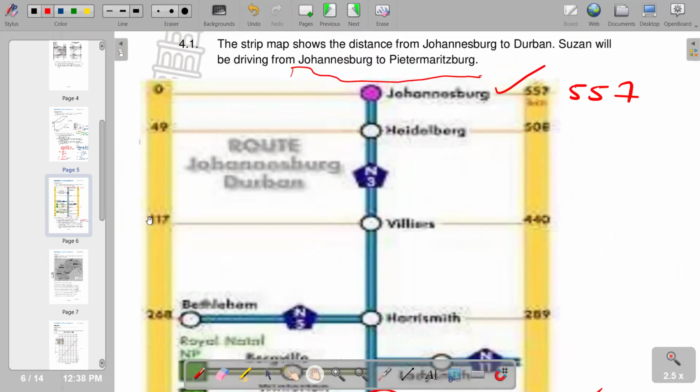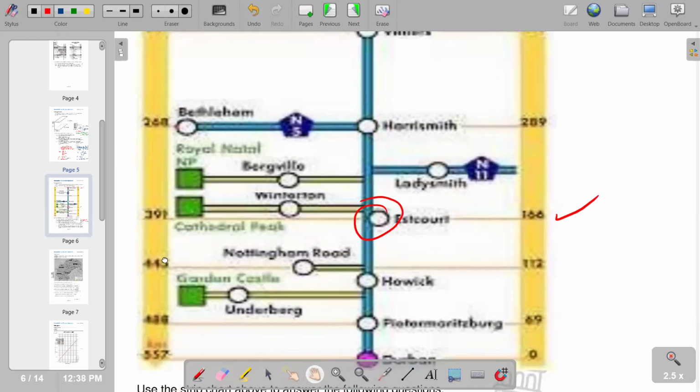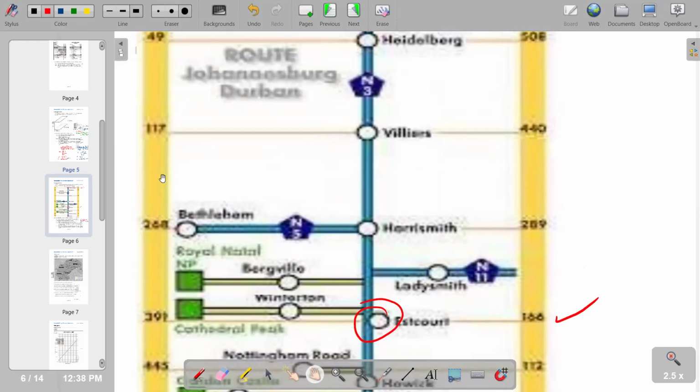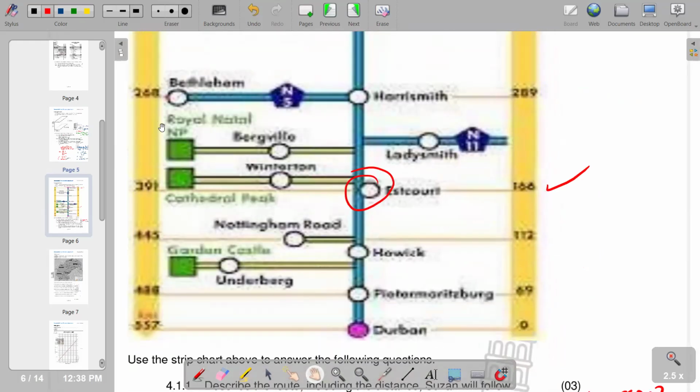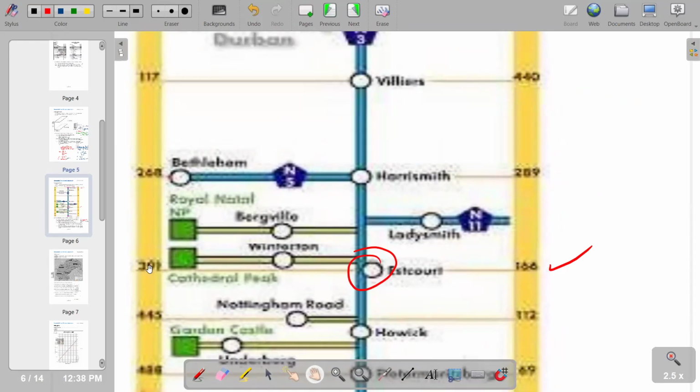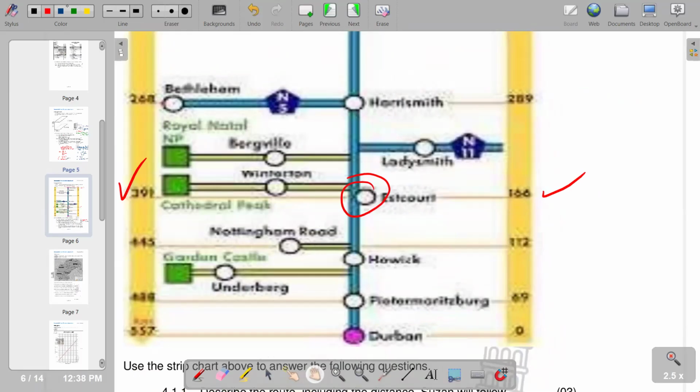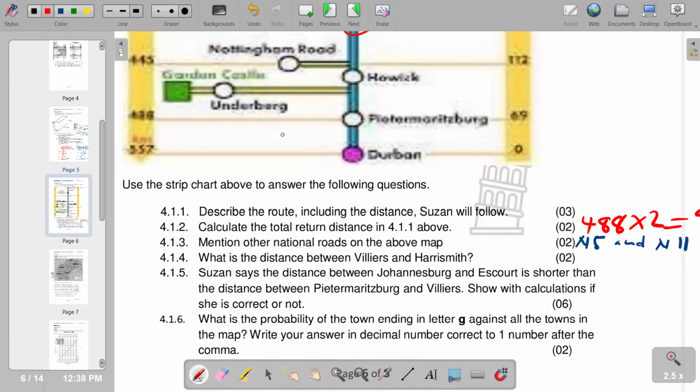Our Estcourt is on this part, so we've got 391.